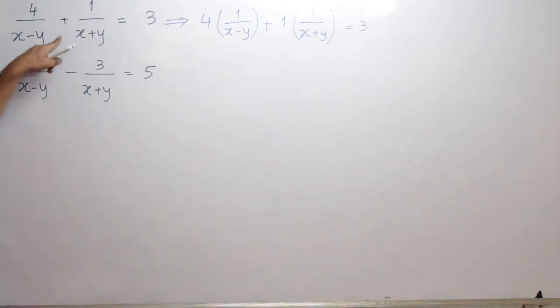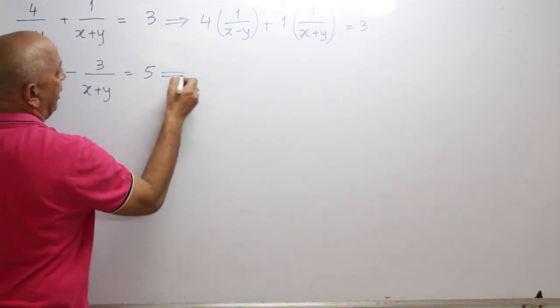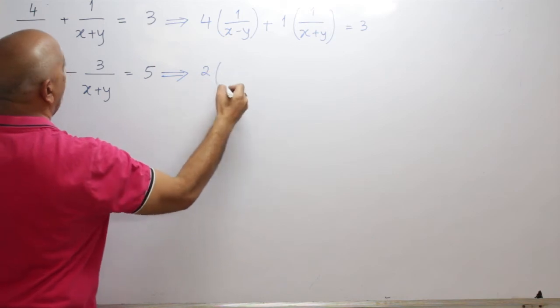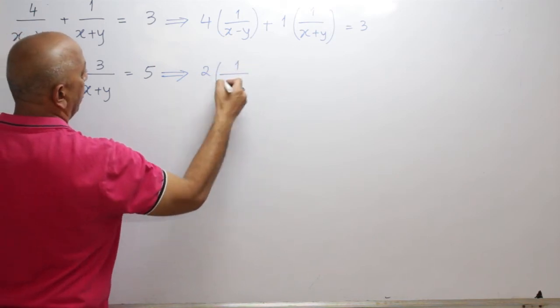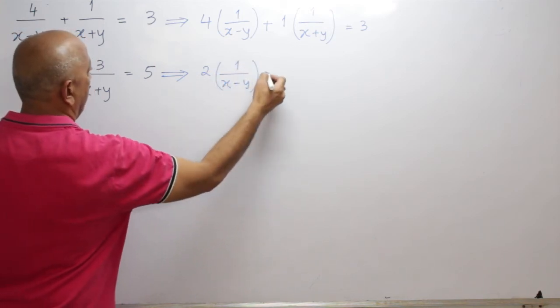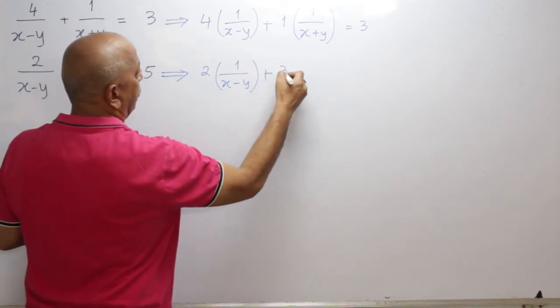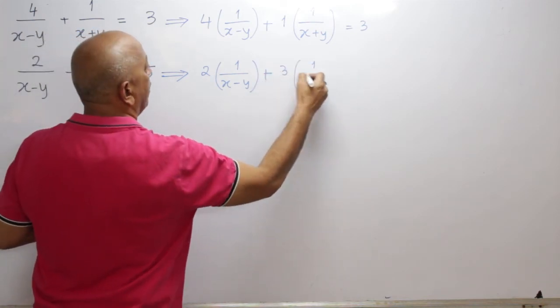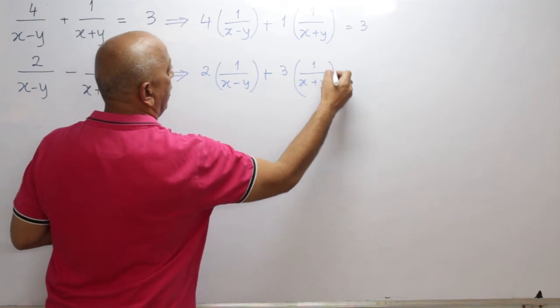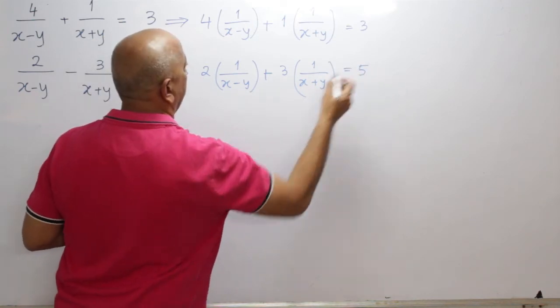Right? So this is the first equation. The second I can write as 2 into 1 upon x minus y plus 3 into 1 upon x plus y is equal to 1.